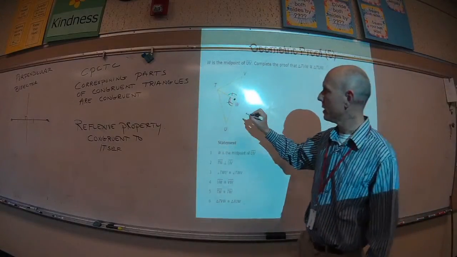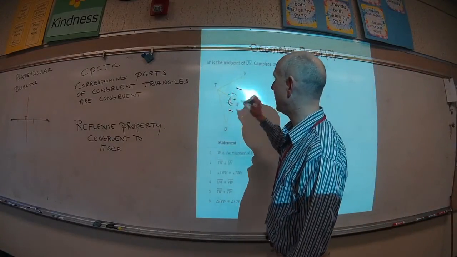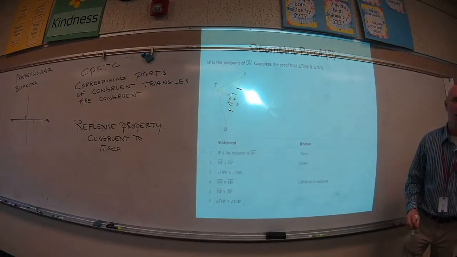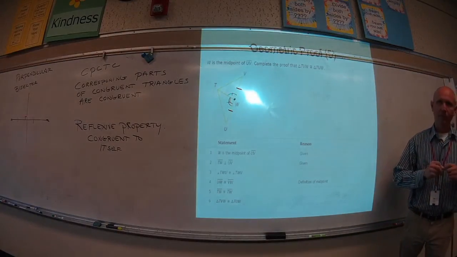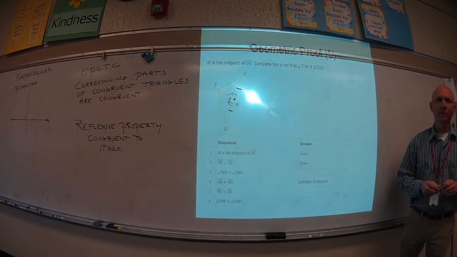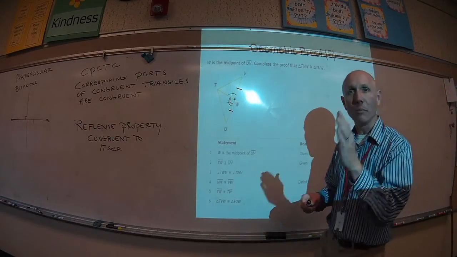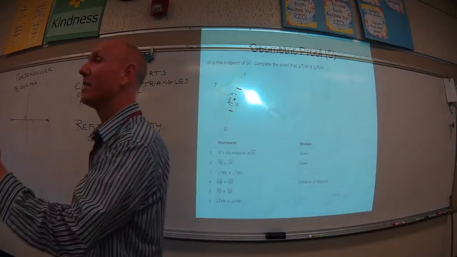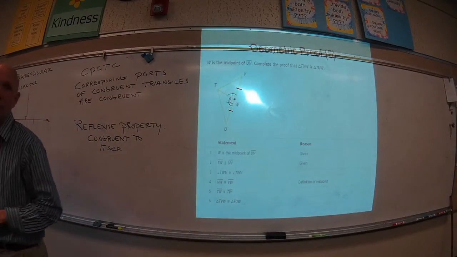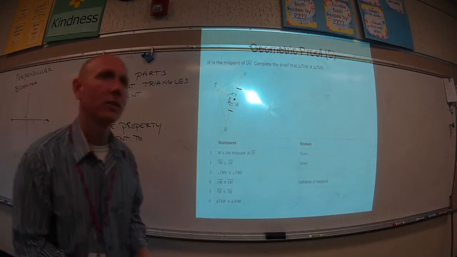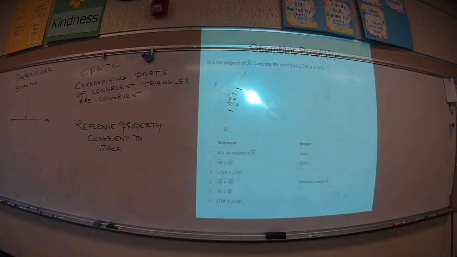Can we start up? How do I know that this is congruent to that? On your whiteboard. What do you think? Reflexive is something is identical to itself. Good, there it is. Wait, are we allowed to use this on the test?